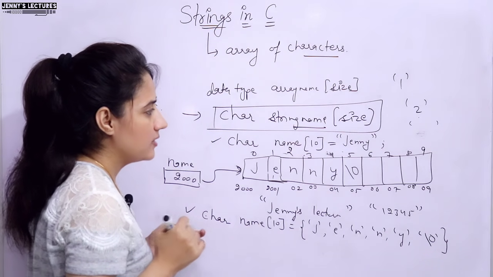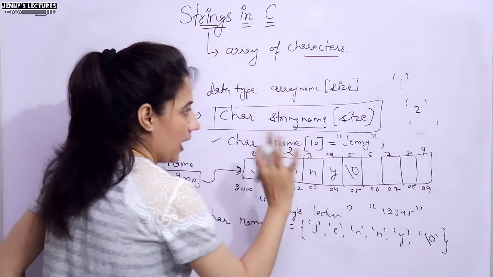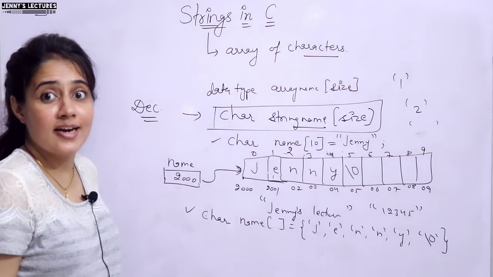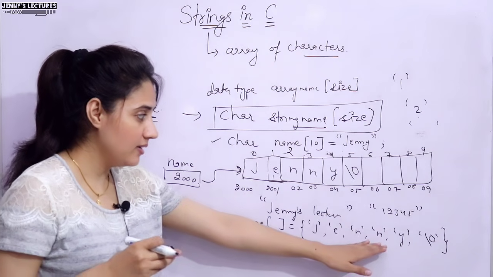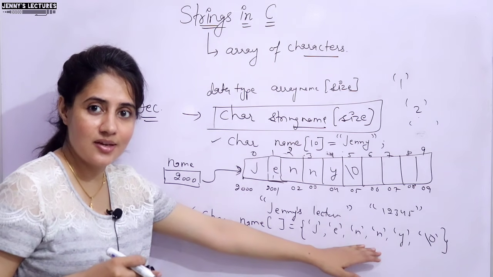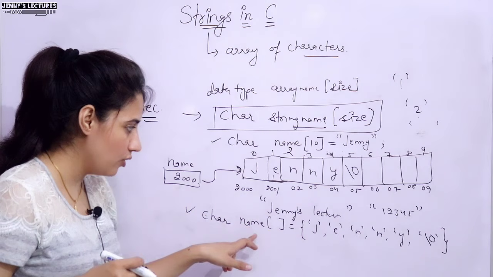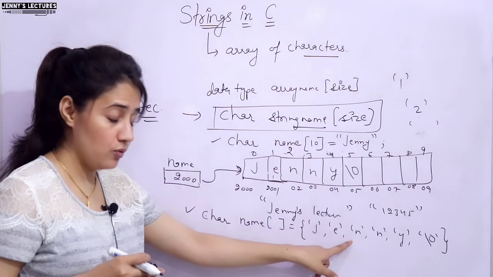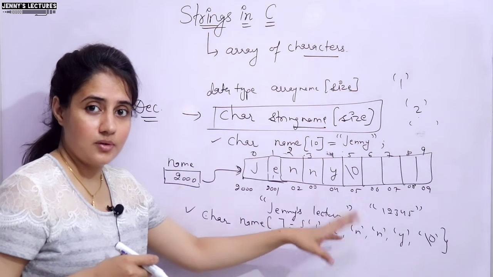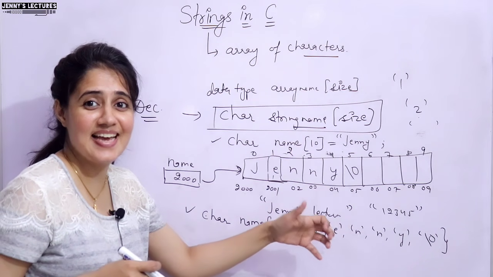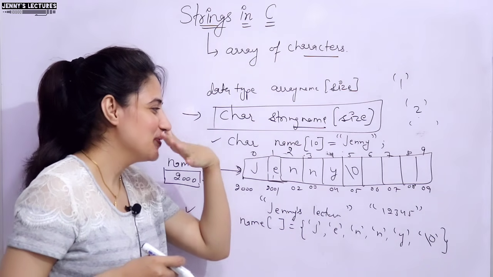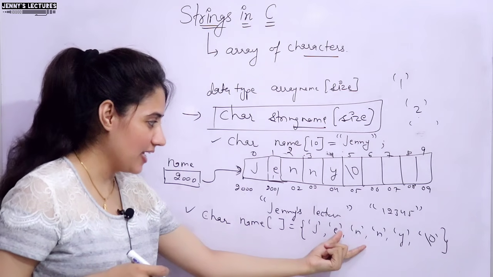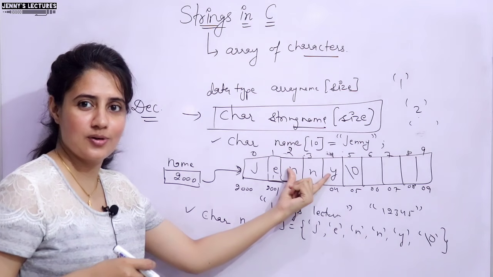But if you initialize something like this, see, I am not providing the size here. That is also correct. Why? Because you are providing the values. These values you want in this character array. So automatically the compiler will decide, find out the size, and according to that it will store, right?